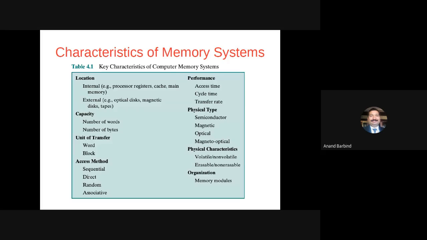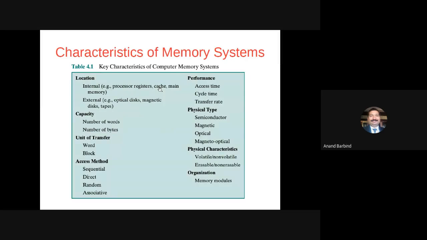Many times this particular main memory is slower, and the processor needs the instruction to be fetched very fast, or data to be read very fast. So that is why in between the main memory and the processor, you have a faster memory, and that is called the cache memory.